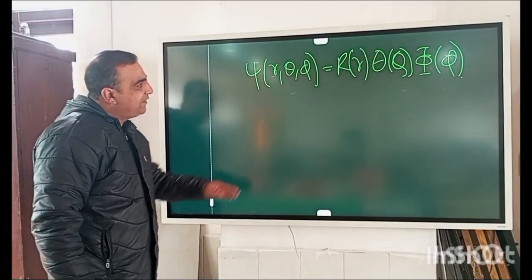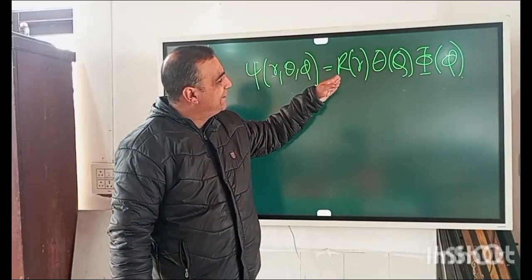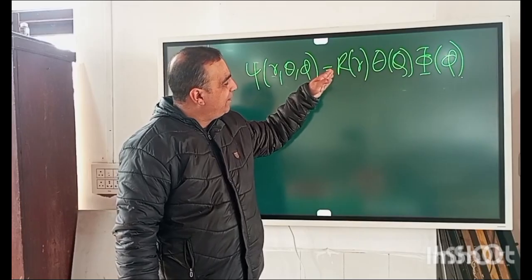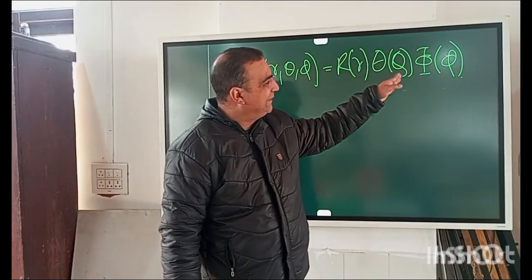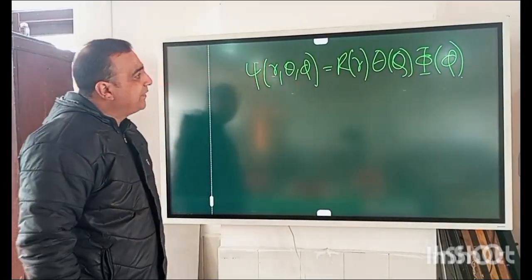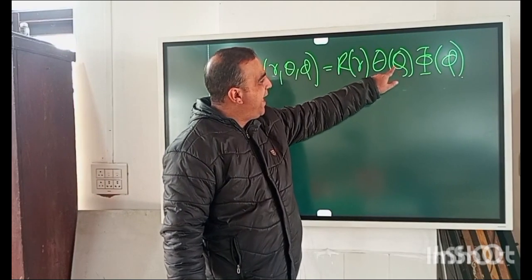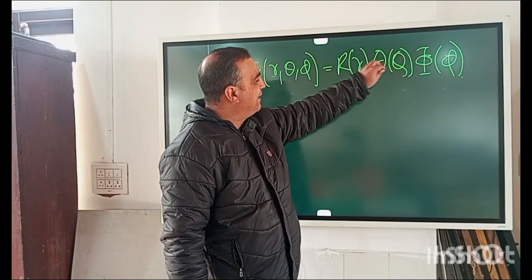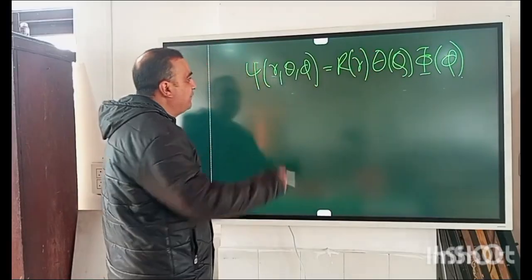Now, these functions are exclusively dependent on their respective quantities: capital R is dependent on small r, capital Theta is dependent on small theta, and capital Phi is dependent on small phi. You can differentiate between the small angle theta and the big Theta that we have.